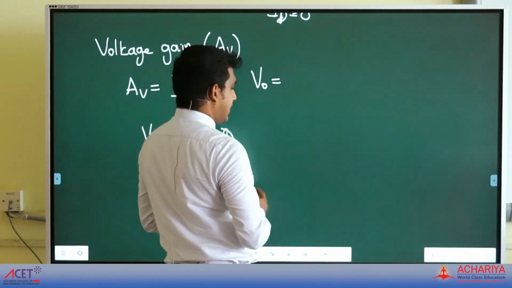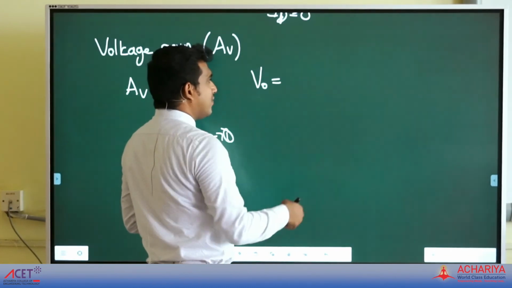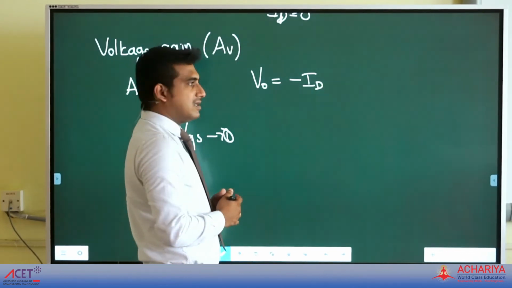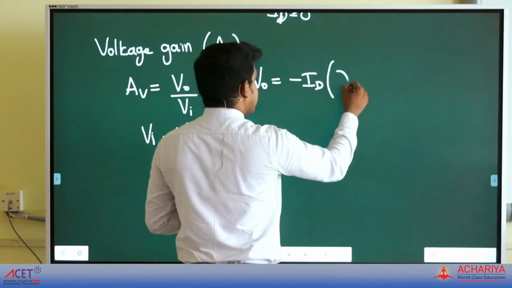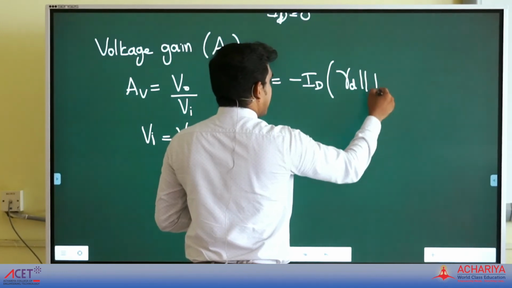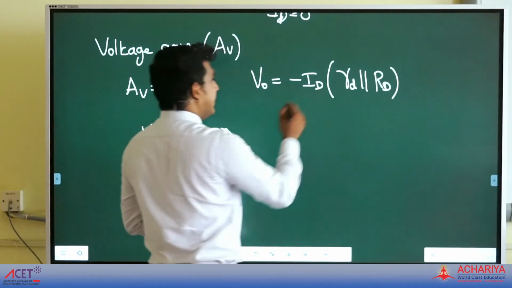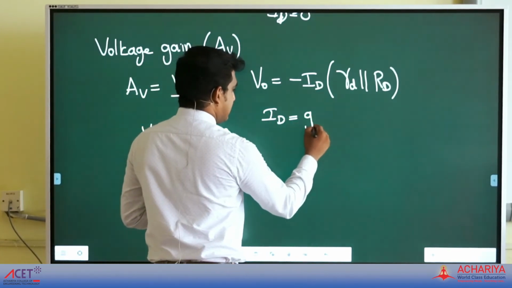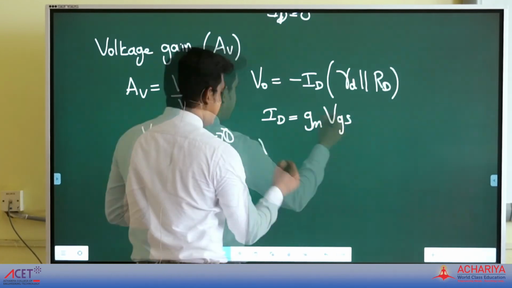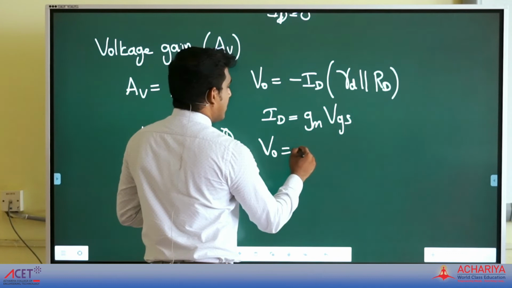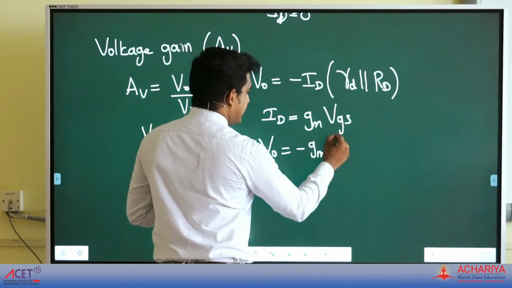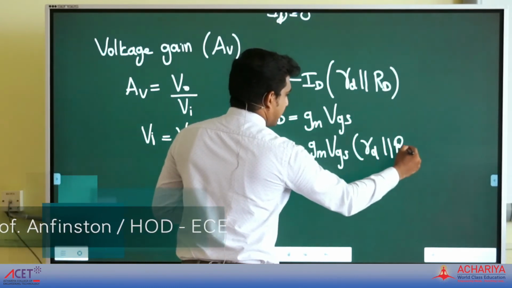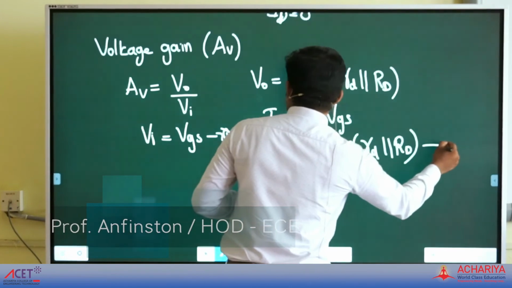The total current, we can say, it is flowing towards the downward direction, so we can write minus ID. The total resistance, as in the previous section, we can write small RD parallel capital RD. ID is equal to, we know that, GM VGS. From this equation we can write V0 is equal to minus GM VGS into small RD parallel capital RD. This is equation number 2.